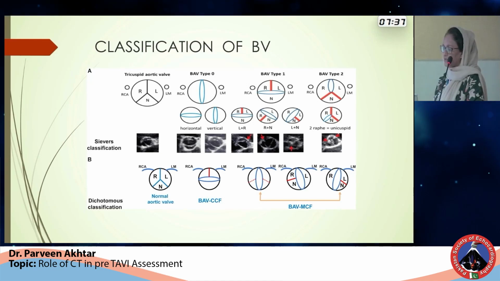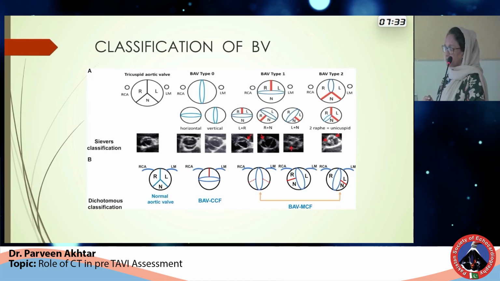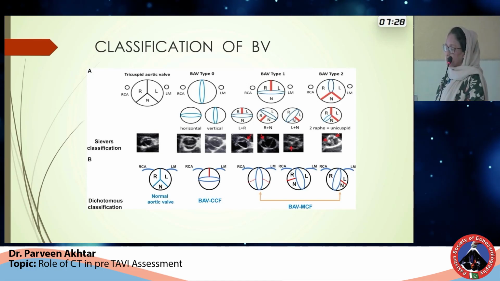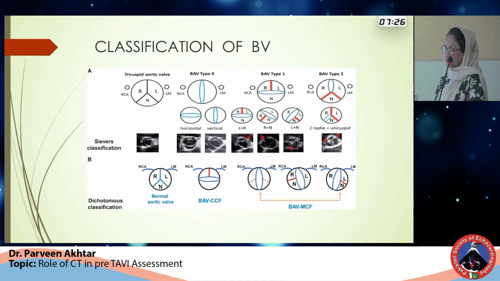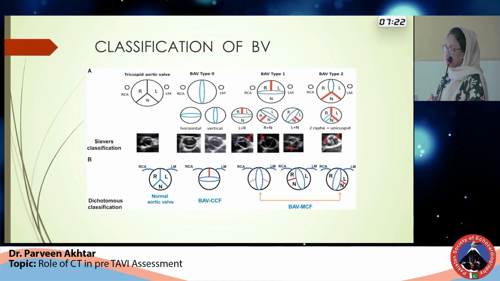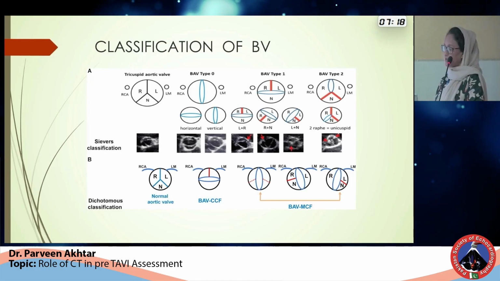Then you have type 1, which is when one commissure is fused. Type 2 is when two commissures are fused. Type 1 is further divided into type 1A, when the left and right cusps are fused. Type 1B is when the right and non-coronary cusps are fused.